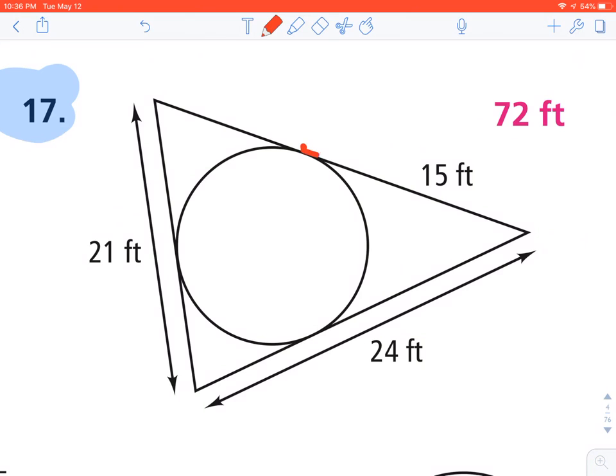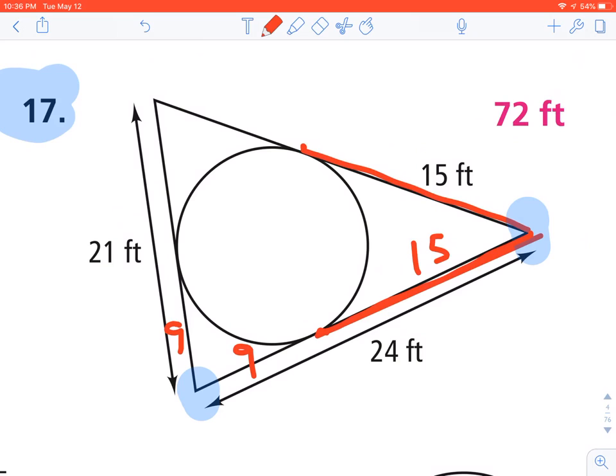So from here to here is given to you as 15. Well, that tells me from here to here is also 15. So if I take 24 and I subtract from it 15, because again, this whole length is 24, I just realized or found out that this piece is 15. I subtract that out. This leaves me with 9, which tells me that this side is also 9.